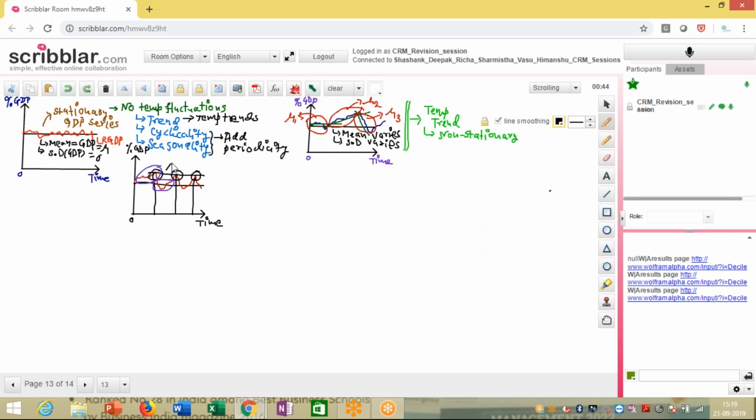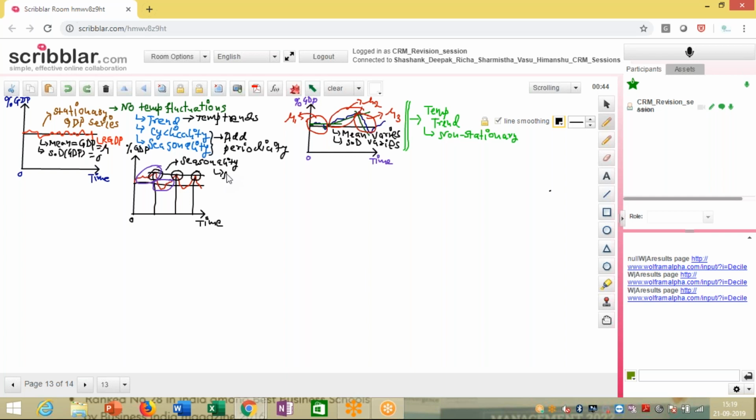So this element of seasonality adds a certain element of temporary behavior to the data and hence needs to be treated.